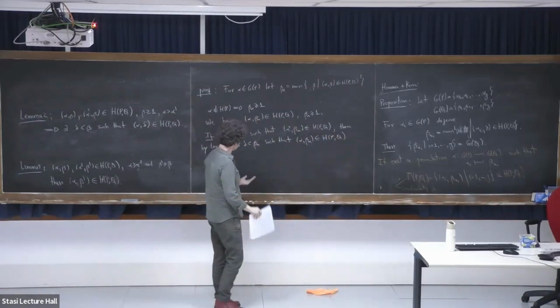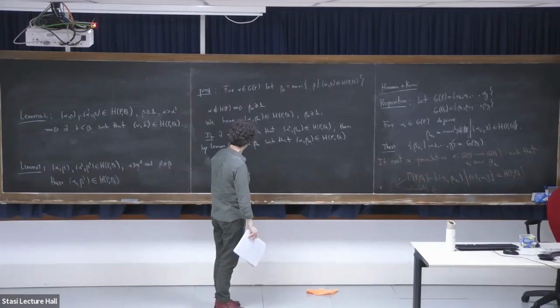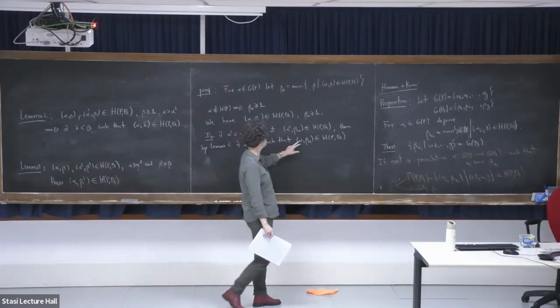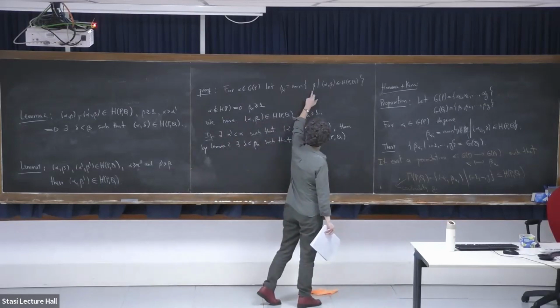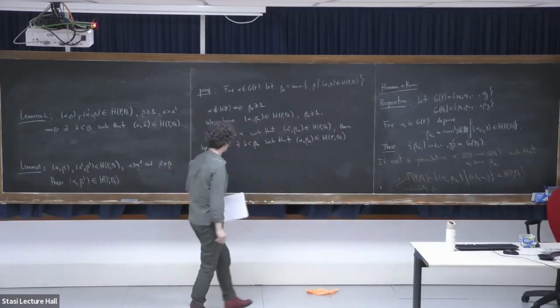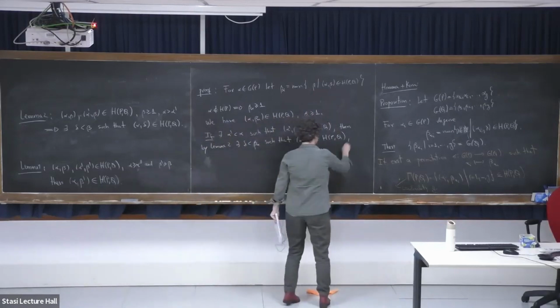But this is a contradiction with the definition of beta alpha, because beta alpha is the smallest such that the pair is there. Okay, so this is a contradiction.